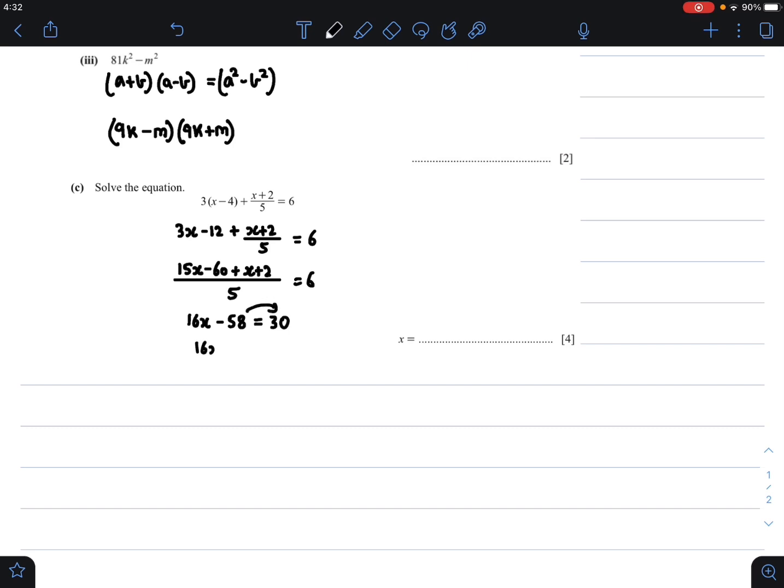So it will become 16x is equal to 30 plus 58, which is equal to 88, and therefore the final answer for part C would be x is equal to 88 divided by 16, which is equal to 5.5. And therefore this would be your final answer for part C of this question.